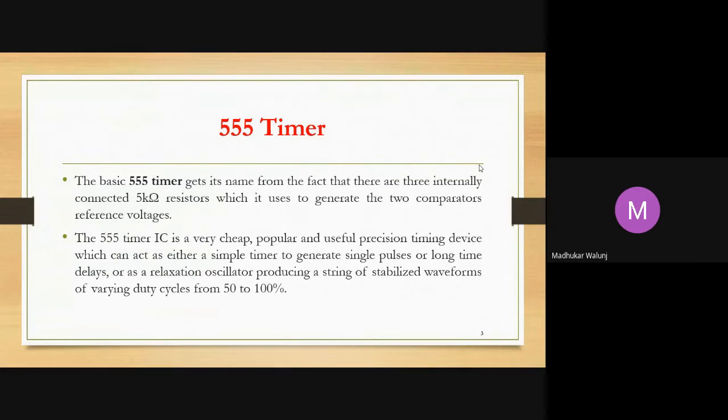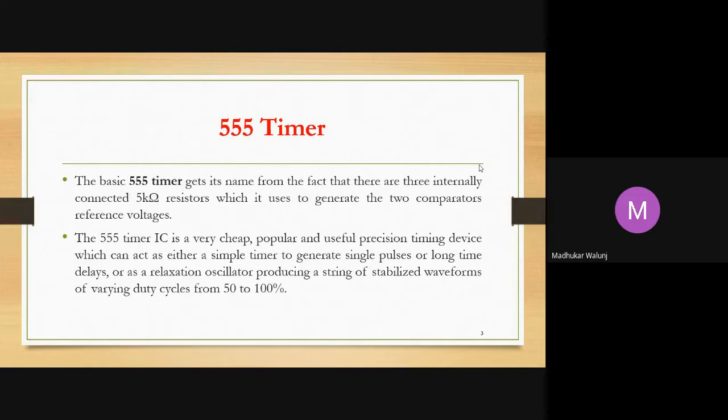It is nothing but the fact that there are three internally connected 5 kilo ohm resistors which are used to generate the two comparators' reference voltage. That's why it is called a 555 timer. So basically there are three resistors, which are nothing but 5 kilo ohm resistors, and they provide the inputs to the two comparators. That's why it is called a 555 timer.